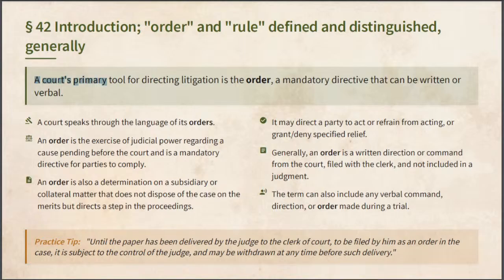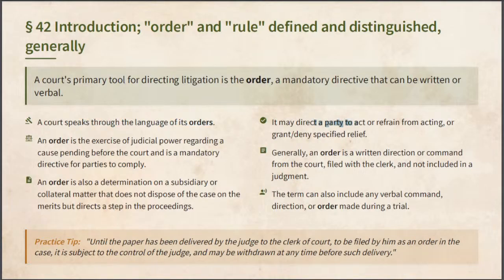A court's primary tool for directing litigation is the order. It's a mandatory directive that can be written or verbal. A court speaks through the language of its orders.